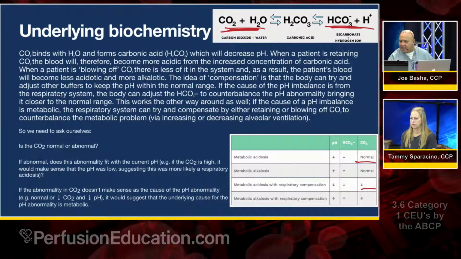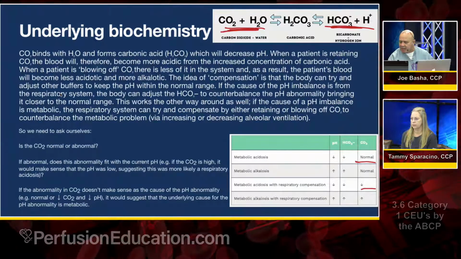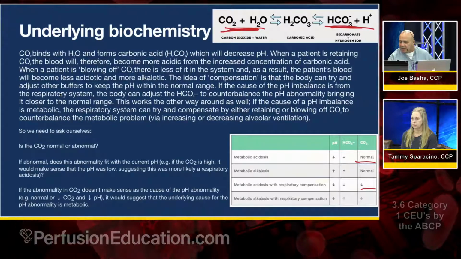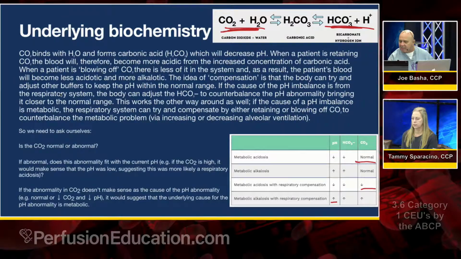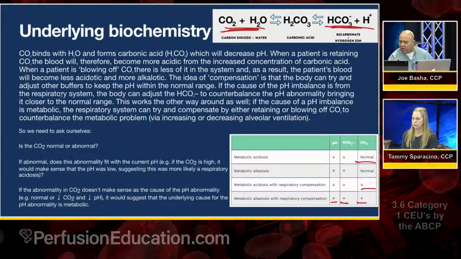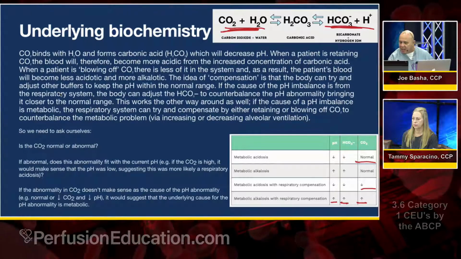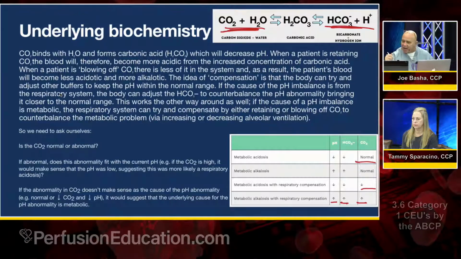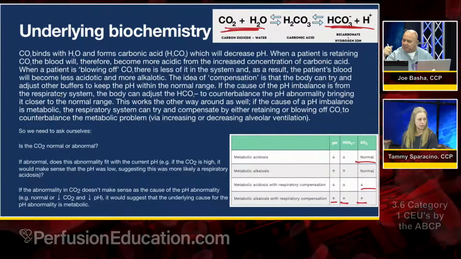And then metabolic alkalosis with respiratory compensation: your pH is elevated, your bicarb level is elevated, and your CO2 level is also elevated because you're trying to drive the PCO2 down.